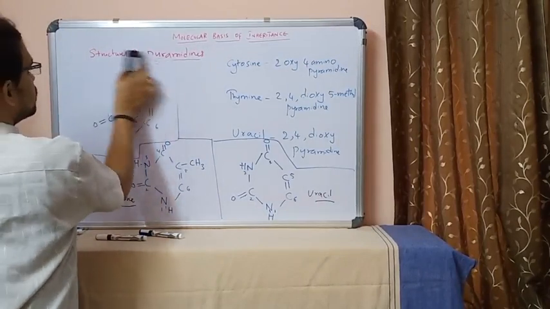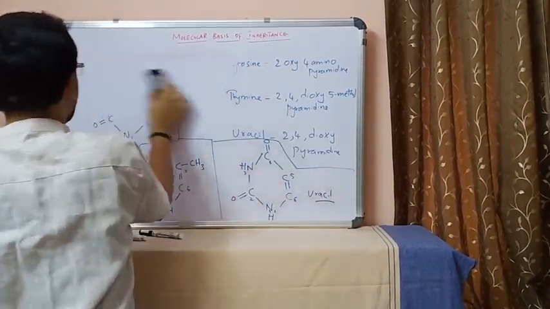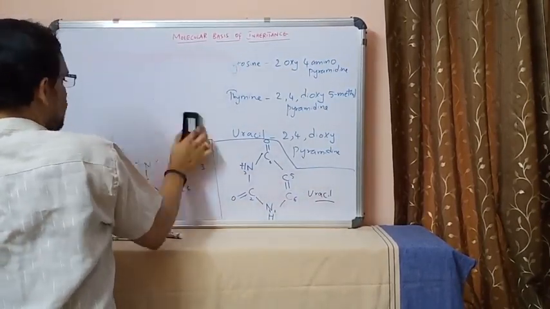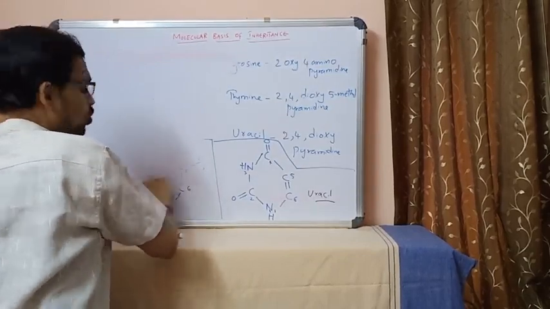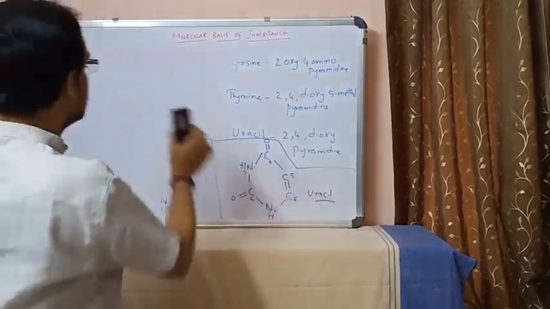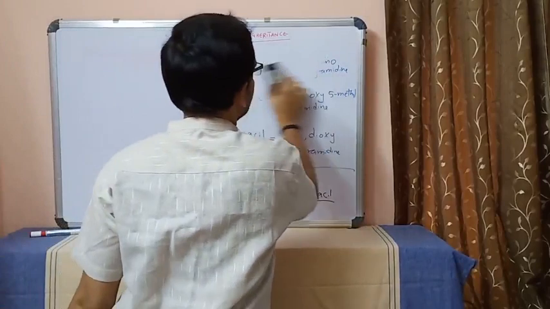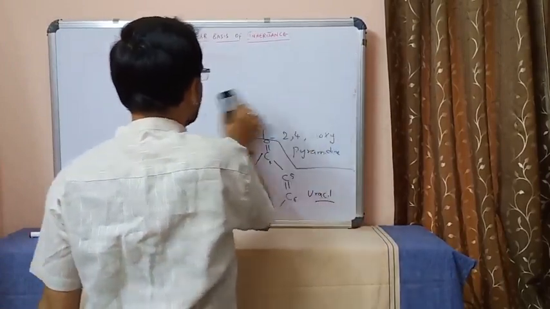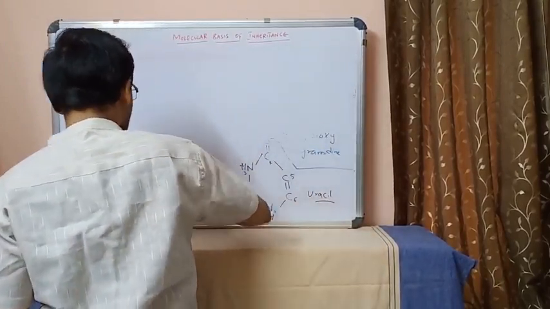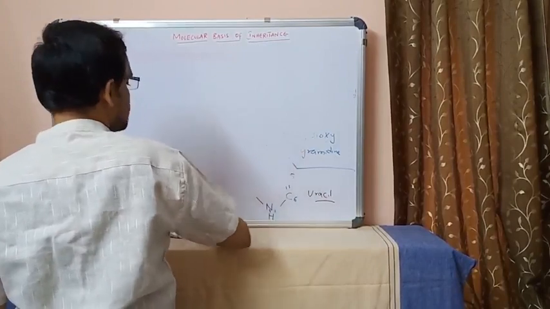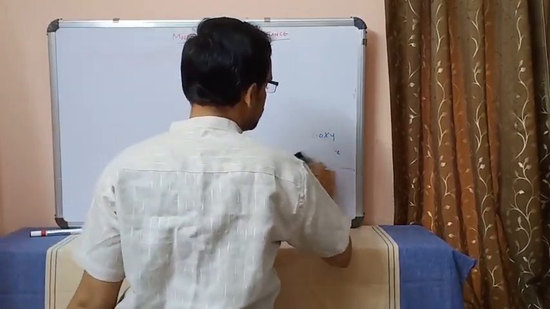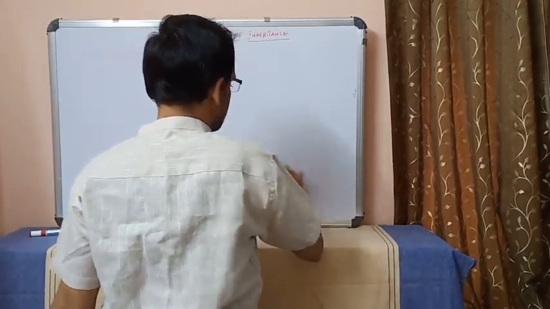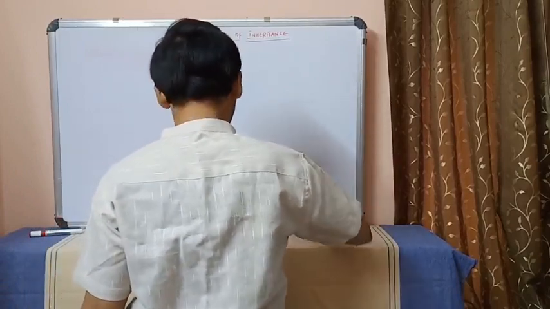So these are the structures of purines and pyrimidines. So we have completed 2 components in the nucleotide, that is sugars and nitrogen bases. The last component is phosphate that we are going to discuss now.